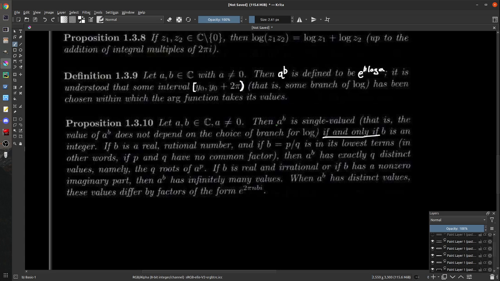Now, if b is a rational number, p over q in lowest terms, in other words, p and q have no common factors, they're coprime, then a to the b has exactly q distinct values, namely the q roots of a to the p.